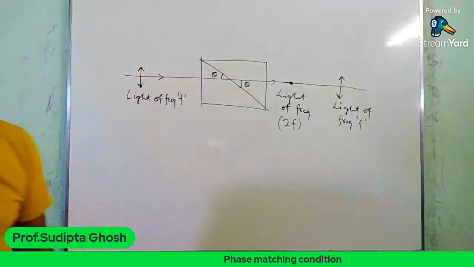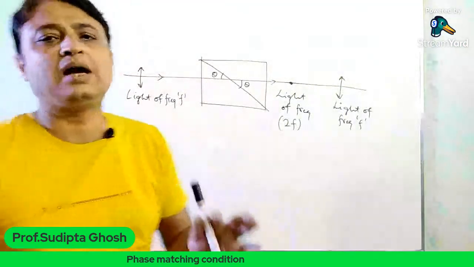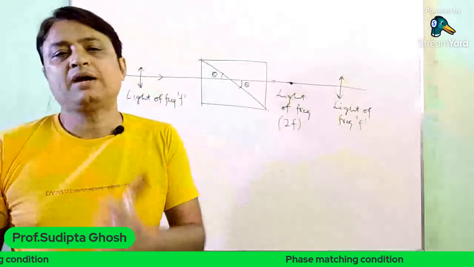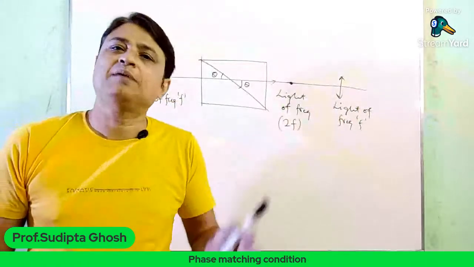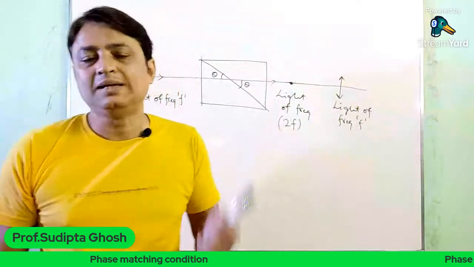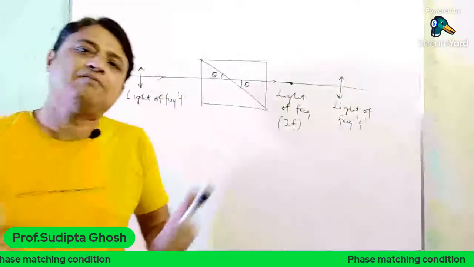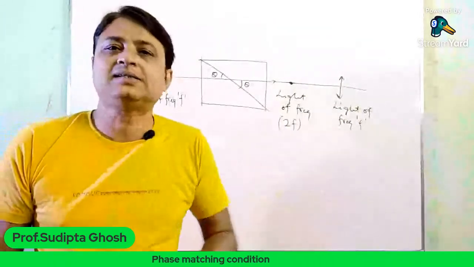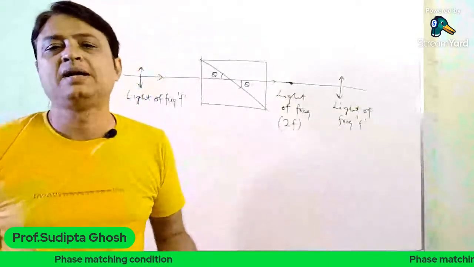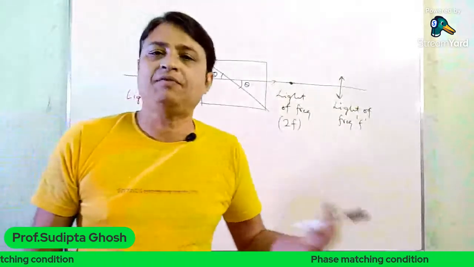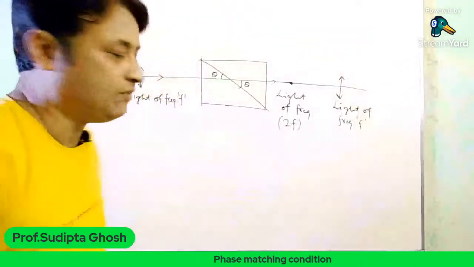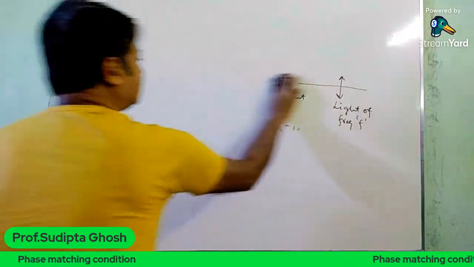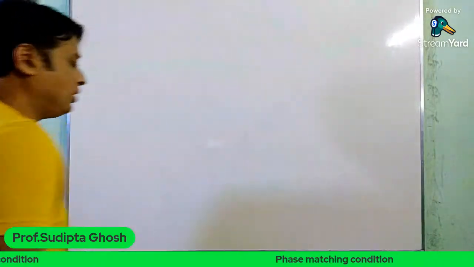We are considering that we are going to generate a second harmonic wave from a single frequency wave. So we have a wave of frequency f, and we are interested in generating a wave which has double the frequency of the incident wave. This was the schematic diagram I have shown here.